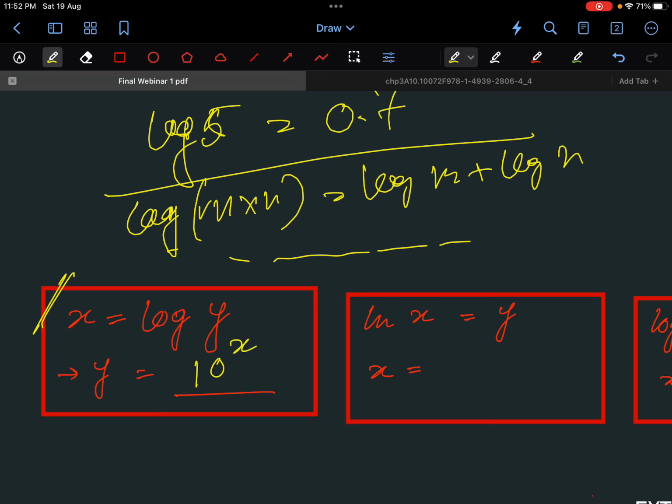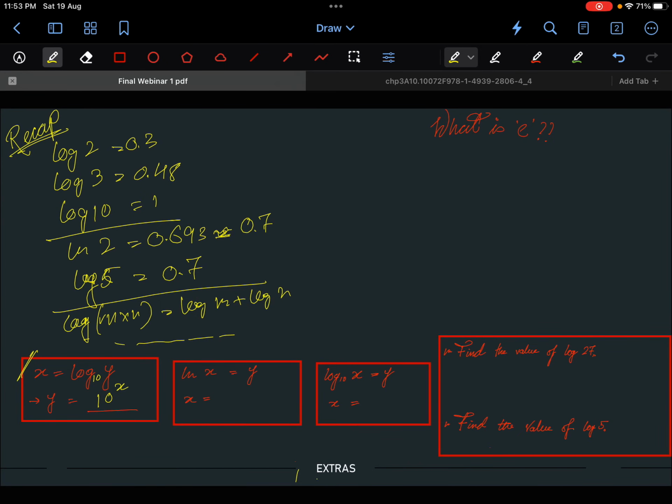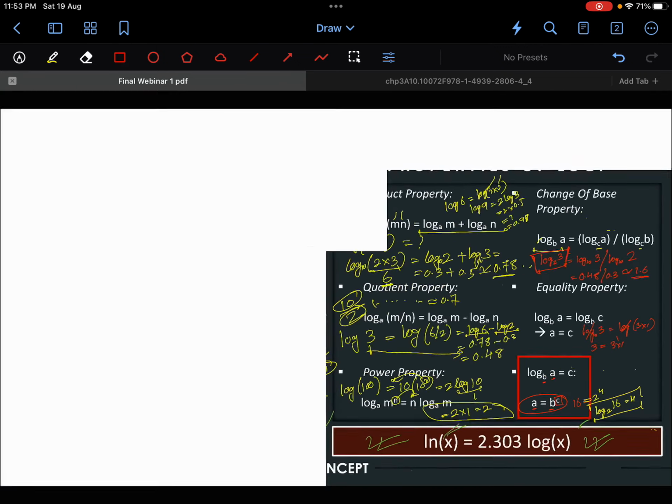Yeah, this is a new property, but if you play around with the first one you can understand that this is the base. So this is equal to the last property that we studied, right? So if x equals log of y with base 10, then y equals 10 to the power x.